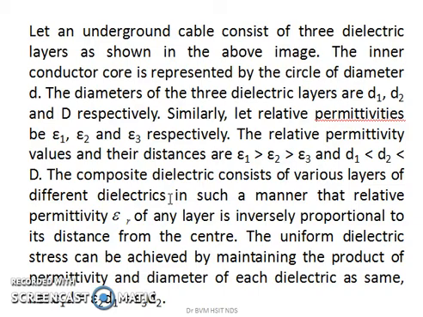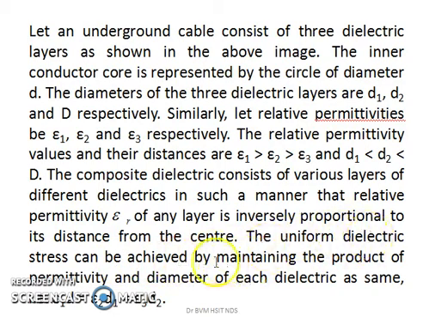These are insulators, right? So different types of dielectrics, such that epsilon r of any layer is inversely proportional to its distance from the center. Then uniform dielectric stress can be achieved.